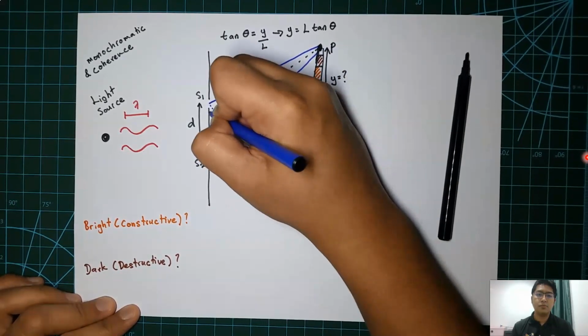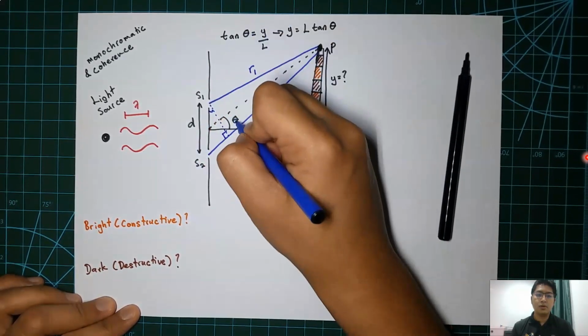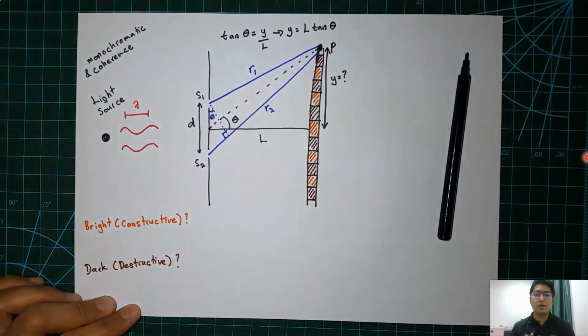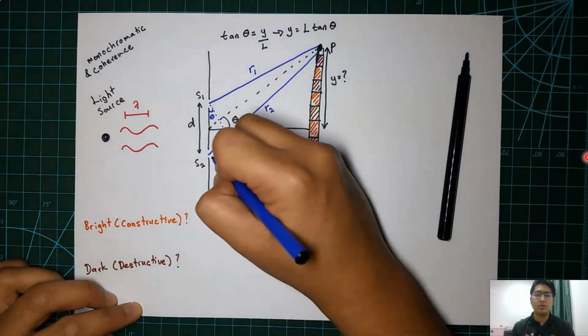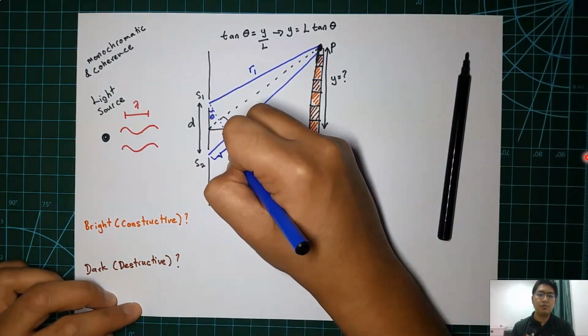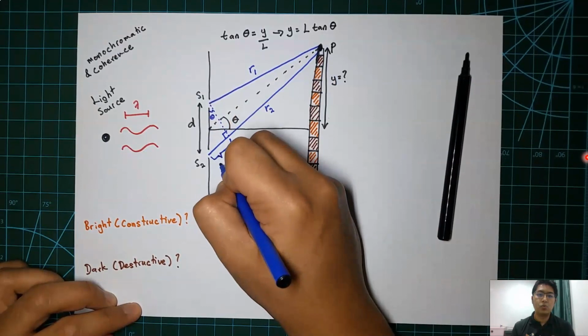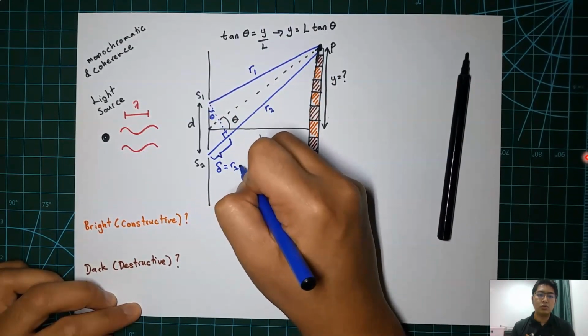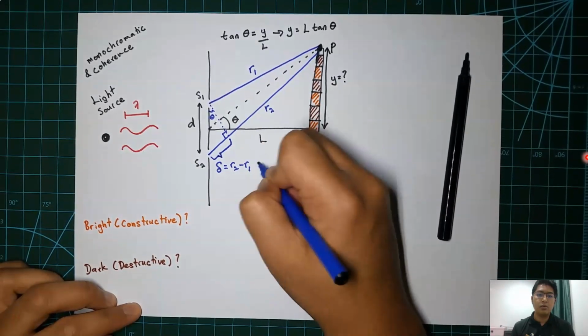So you can draw another triangle with the same theta to find the path difference between R1 and R2. Path difference equals R2 minus R1.